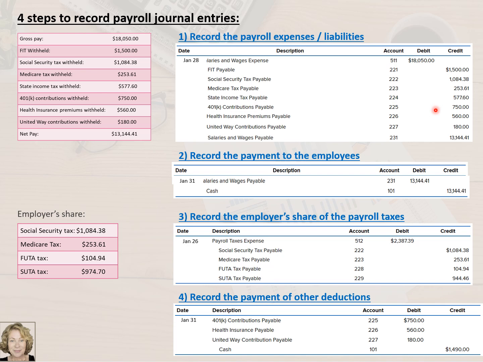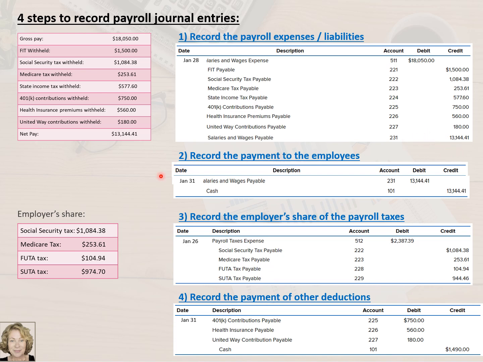Health insurance premiums payable for $560, and United Way contributions payable for $180. Then we also record the liability for the net in salaries and wages payable by crediting that account for $13,144.41. As always, the total debits should equal the total credits.